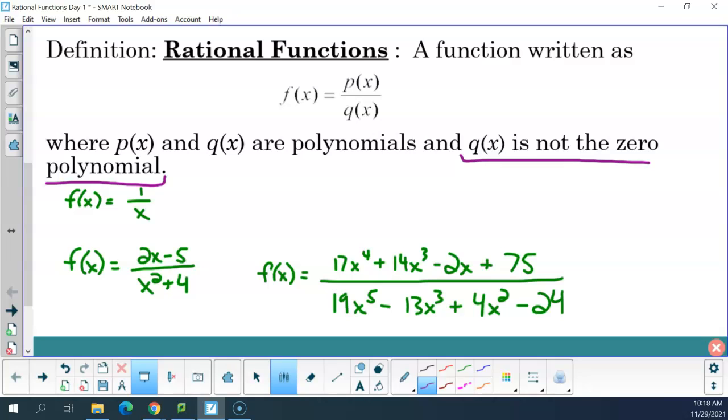First off, where in our function is Q of x? It's in the bottom. It's in the denominator, right? So what would the zero polynomial be? If Q of x is not zero, what does that mean?